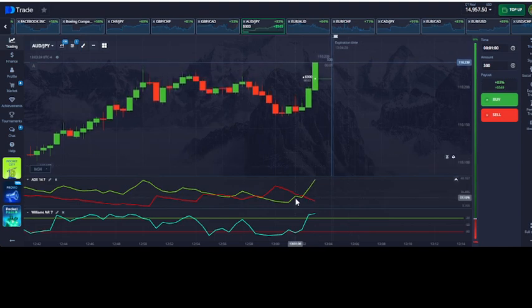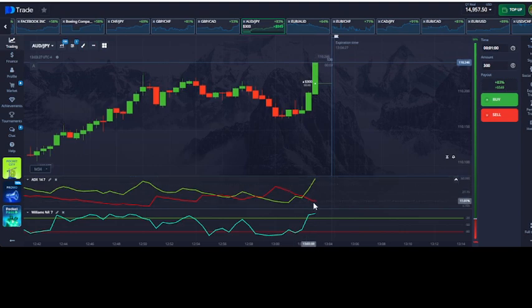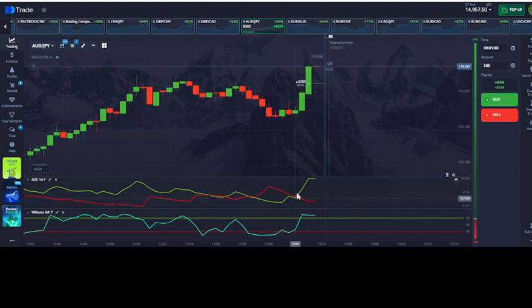And the reason why I took the buy trade, we're seeing the cross of the plus DI line over the minus DI line here in an upward direction. And then there's a strong divergence here of the two lines as they grow separate here. In addition to that, the Williams percent R line has crossed above the green minus 20 line.